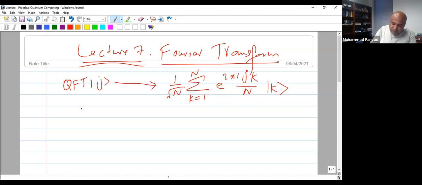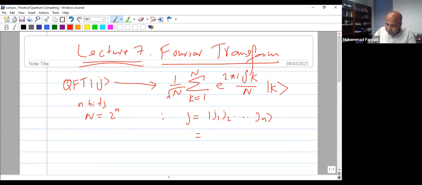So if we are talking about a number that can be represented by n qubits, then capital N is 2 to the power n, and this number j is essentially, if I write it, j1 j2 all the way to jn.